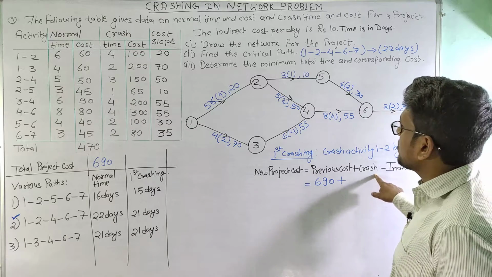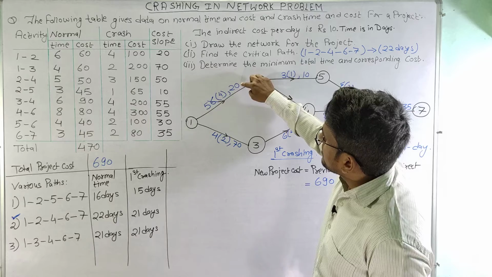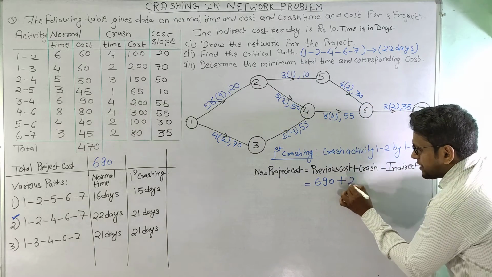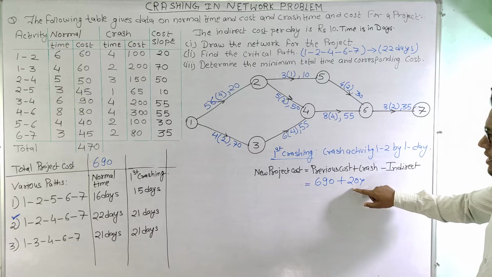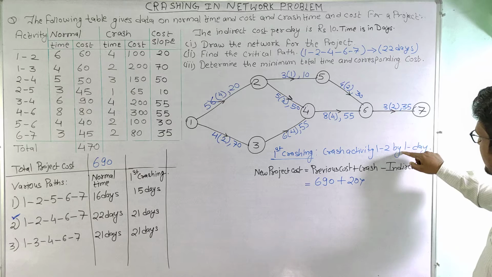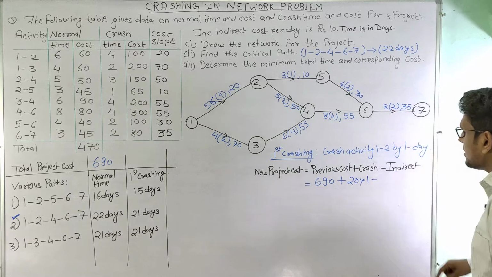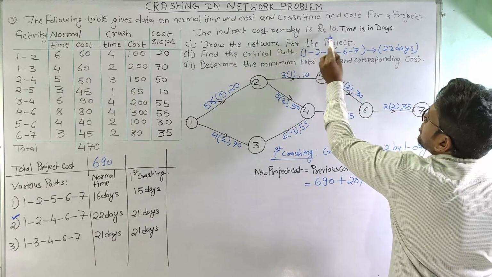Crash cost, we have calculated the slope here. So we can see the crash cost is increasing the cost by 20 rupees per day. So this is 20 multiplied by number of days we are crashing the activity. So we are crashing this activity by 1 day. So this will be into 1 minus indirect cost. Indirect cost is the cost reduced per day.